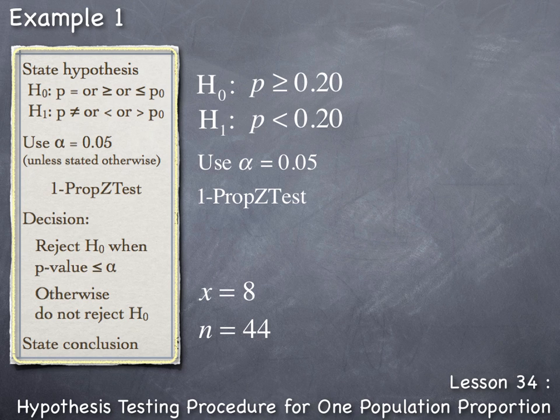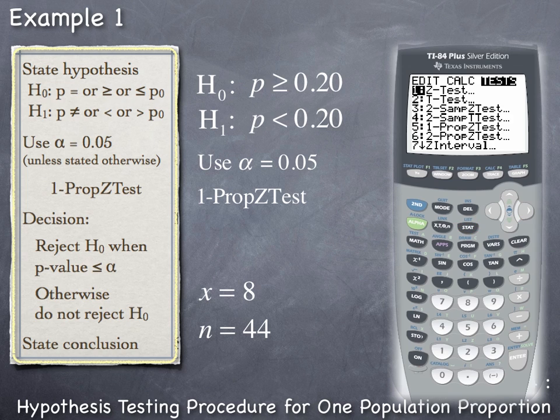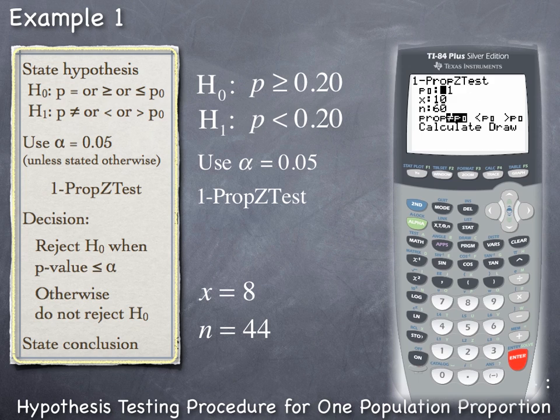calculate the p-value. To do this, we press Stat to do statistics, arrow over to the Tests menu where the confidence interval and hypothesis test commands are found, arrow down till the cursor is next to 1-PropZTest, press Enter. p0 is the actual value in the hypothesis, which is the 20% or 0.20 decimal. x, the resulting data value, was equal to 8, Enter.